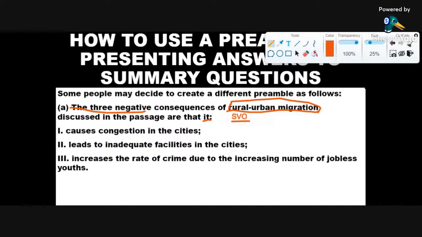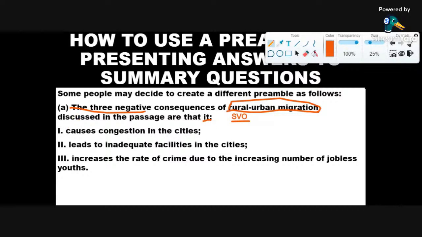When you create this type of preamble, it becomes necessary for your answers to be in phrases. Since you have cut off the first part of each sentence, each of your answers should be a phrase. Because you cannot be repetitive. You cannot say "it", then again begin with "it causes"; that would be a repetition.